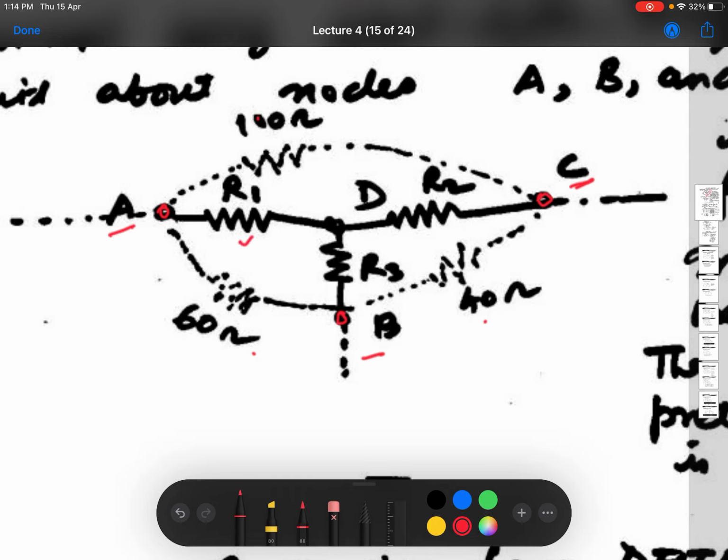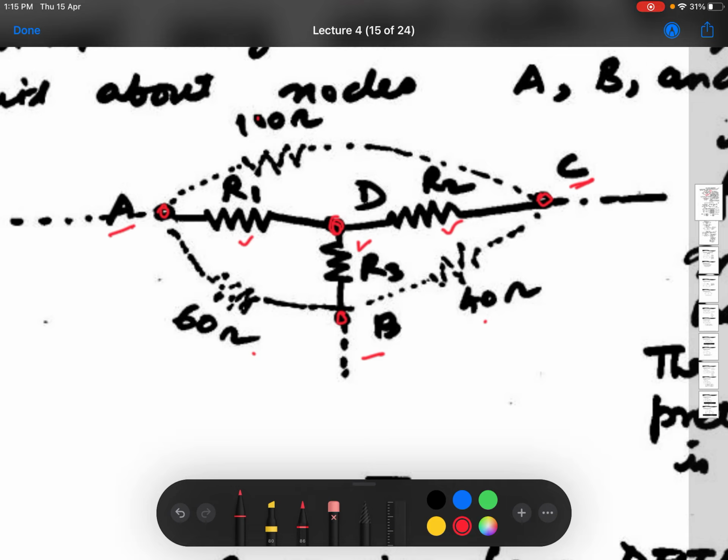I can equivalently connect it as R1, R2, R3, and a new point D arises over here, apart from A, B, C, which were already existing. So R1, R2 and R3 are said to be in star connection, or T connection, or Y connection.